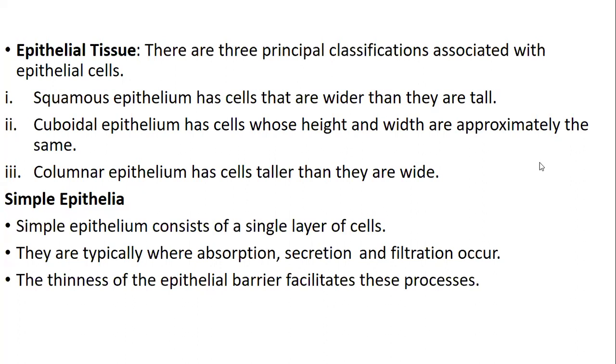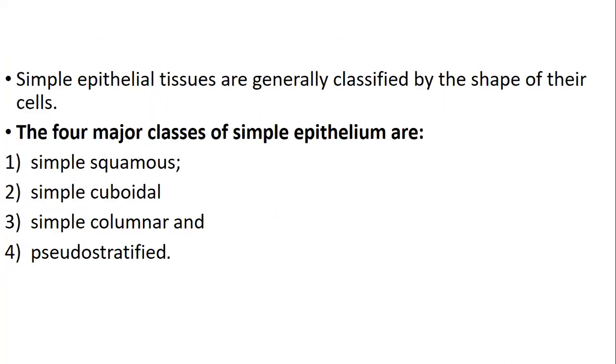The columnar epithelium has cells that are taller than wider. Simple epithelium consists of a single layer, and they typically work to absorb, secrete, and filter. So this is basically what we have already highlighted. We have just enhanced the notes here for your understanding.